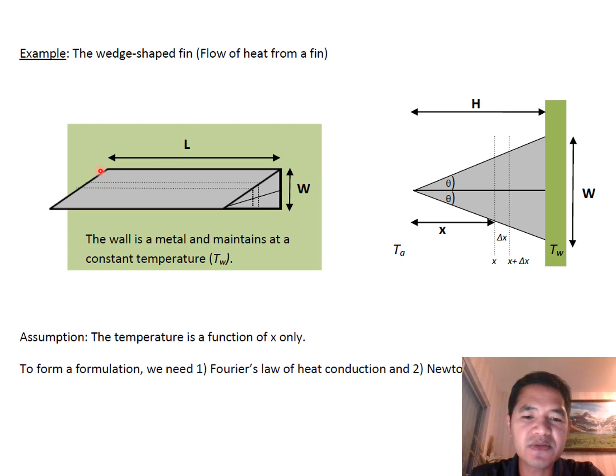This fin has length L. W is the width of the fin base, and the height is H. If we define this axis to be x, the origin is here at the tip of the fin, where x is equal to 0.